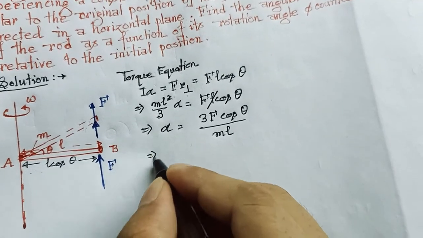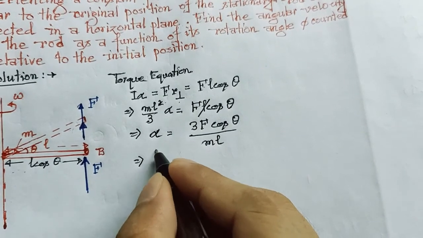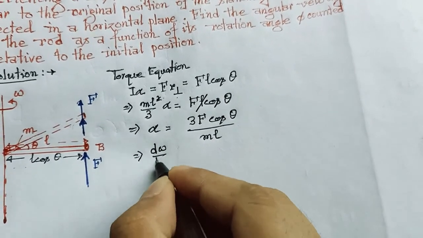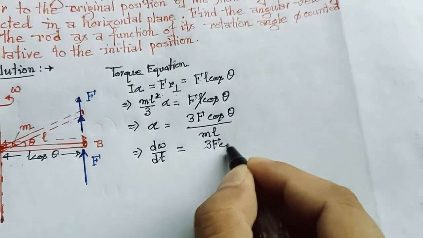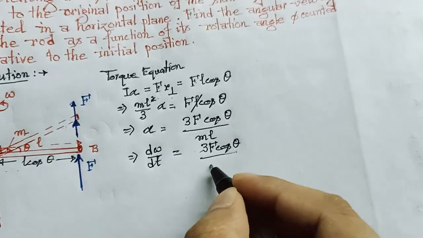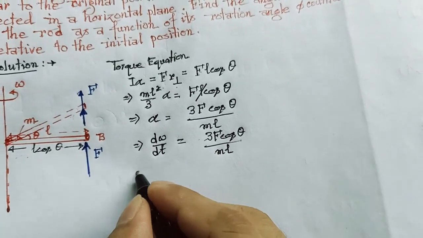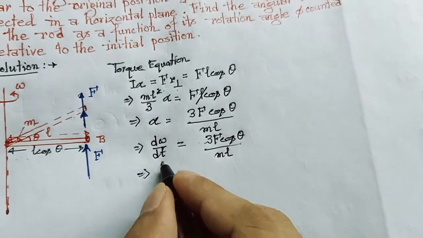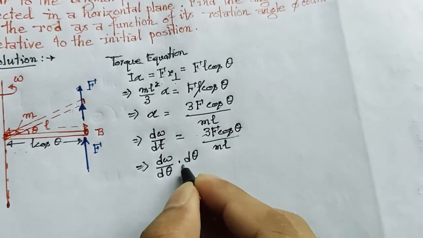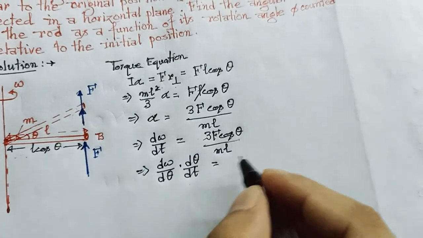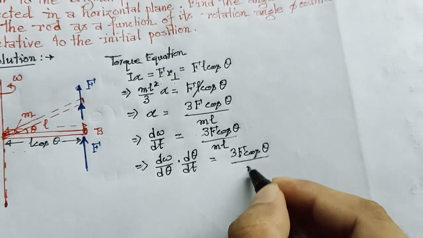Now as we know, alpha is nothing but the rate of change of angular velocity. So instead of alpha we can put d omega with respect to dt, which will be equal to 3F cos theta divided by mL.